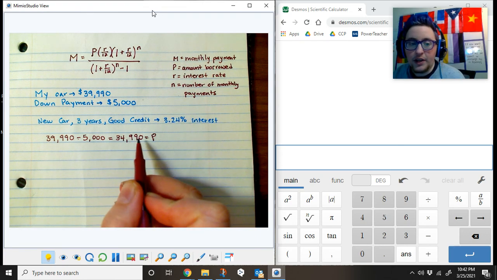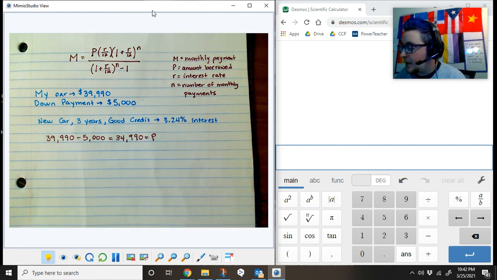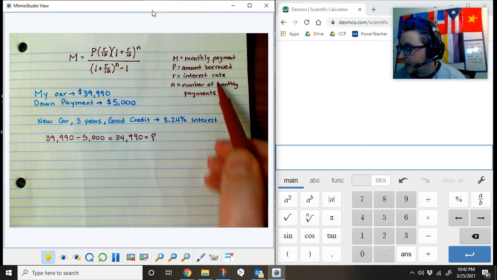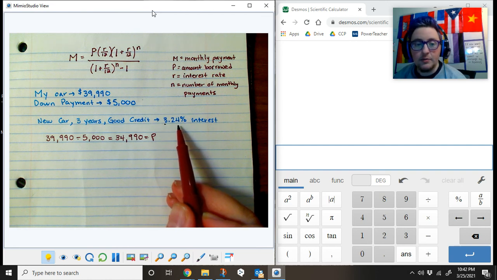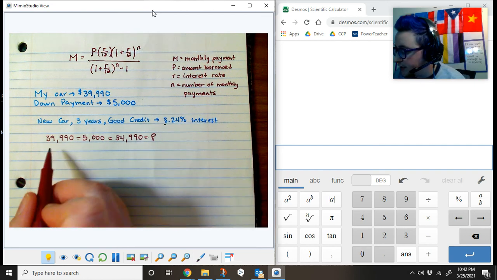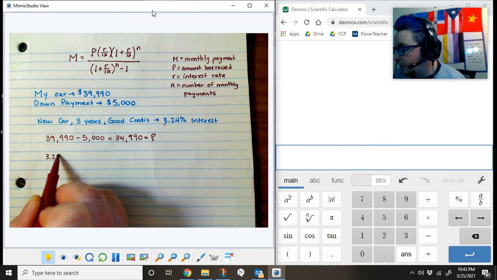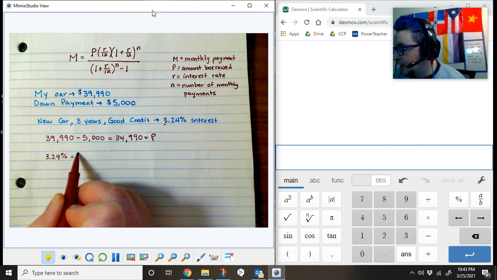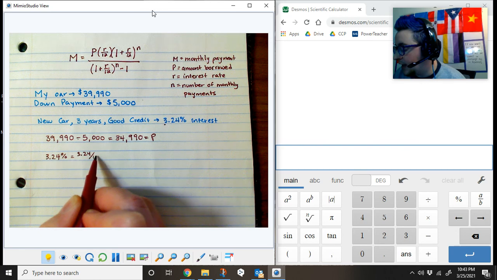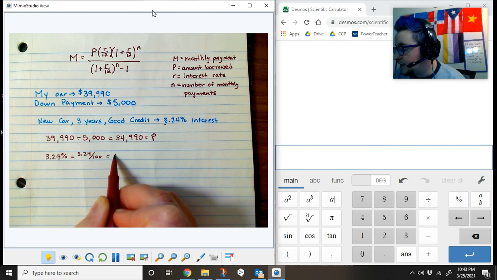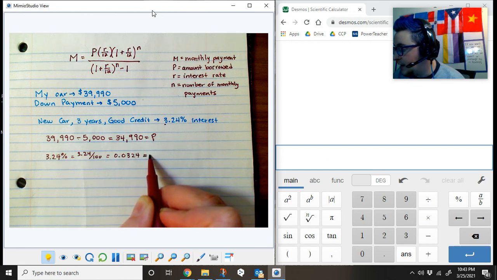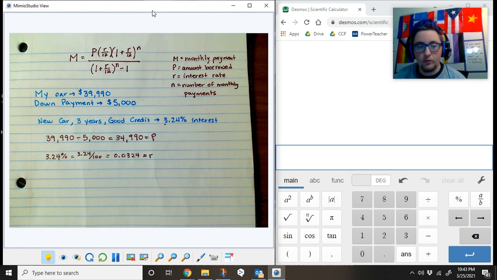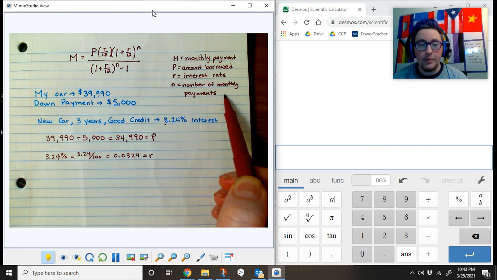All right, $34,990. My R, my interest rate, I know it's 3.24%, but I need to make that a decimal to plug it in. So 3.24% would be 3.24 divided by 100, which is 0.0324. So that is going to be my R. And the last thing that I need is my number of monthly payments.